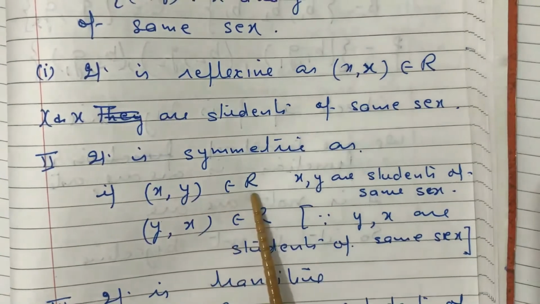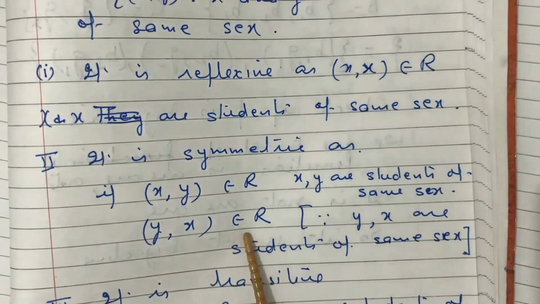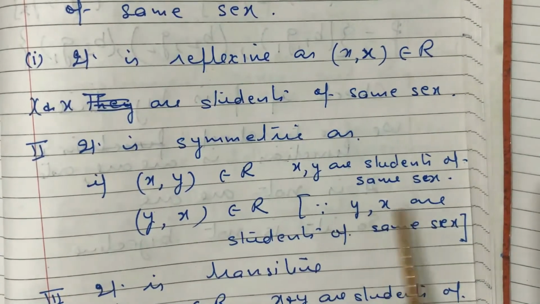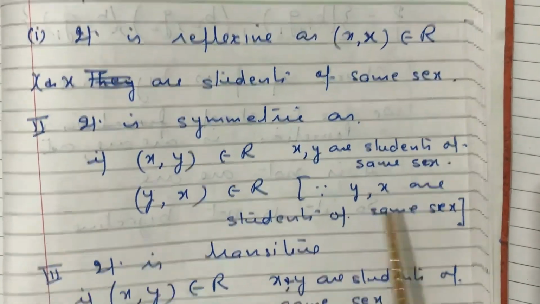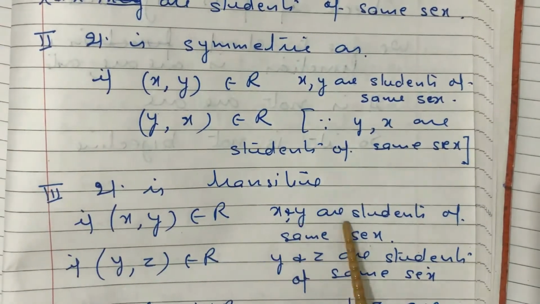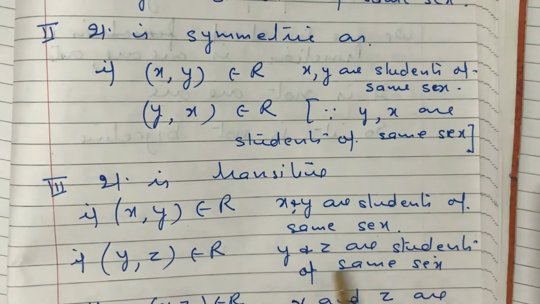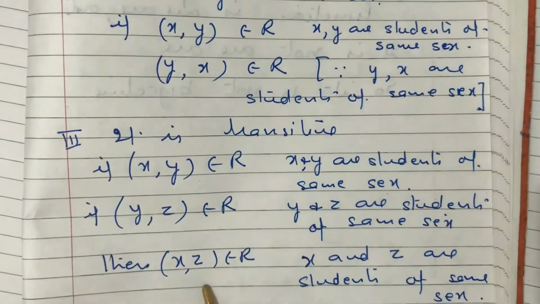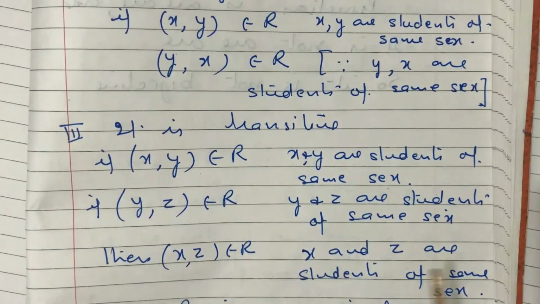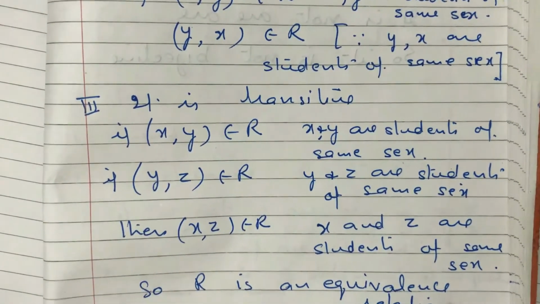If (x, y) belongs to R, it means x and y are students of the same sex. (y, x) again belongs to R because y and x are students of the same sex. Third, it is transitive. If (x, y) belongs to R, it means x and y are students of the same sex. (y, z) belongs to R, it means y and z are students of the same sex. Then (x, z) will belong to R. x and z will be students of the same sex. So R is an equivalence relation.